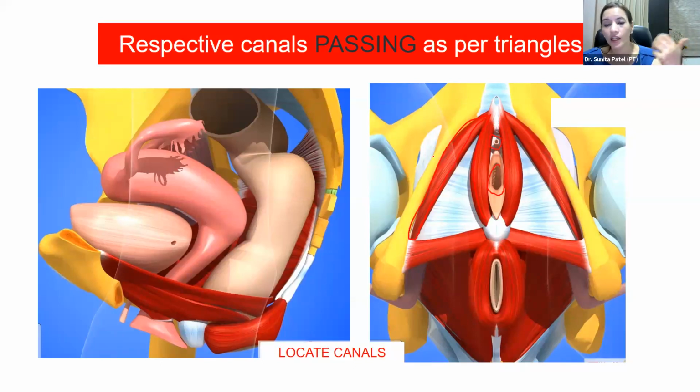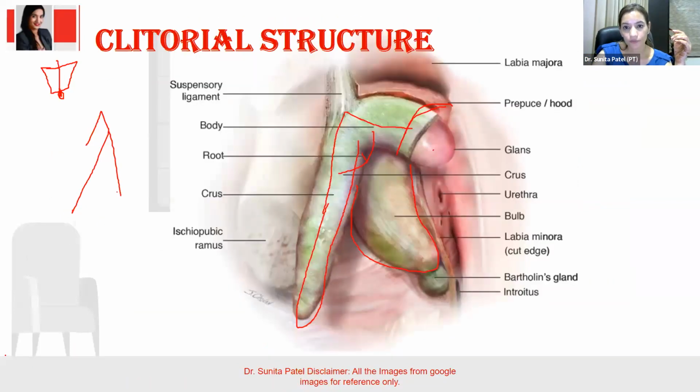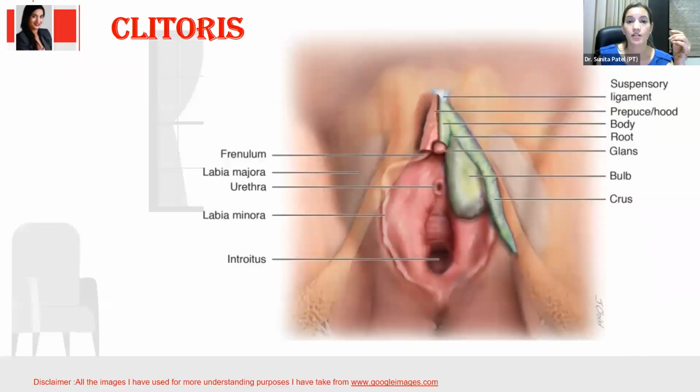These muscles are wrapped within a very thin layer of fascia. So first was the hair, then the skin, then the superficial layer of the pelvic floor muscle. After removing the superficial layer of the pelvic floor, we can now see the glans and these structures down there.